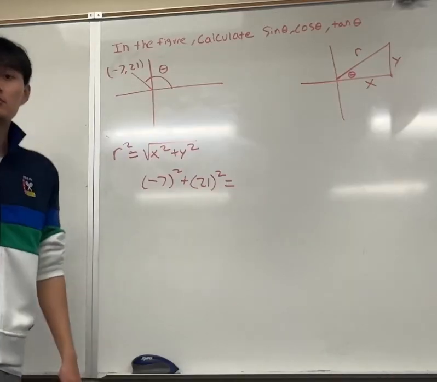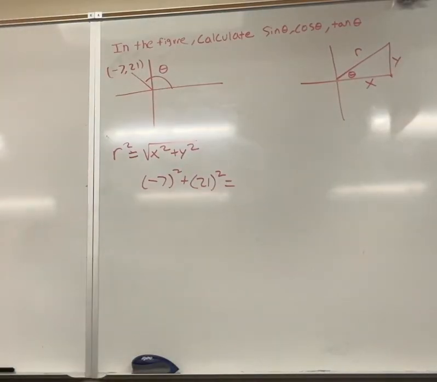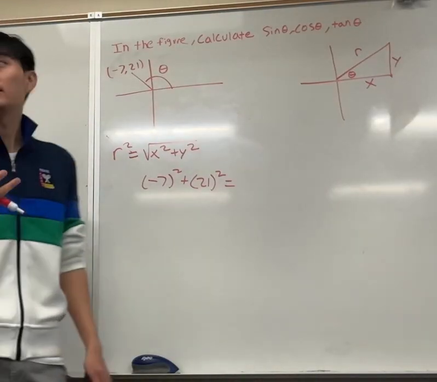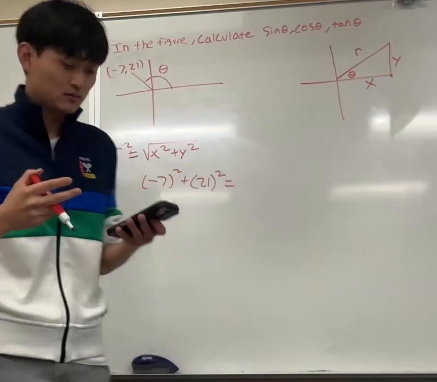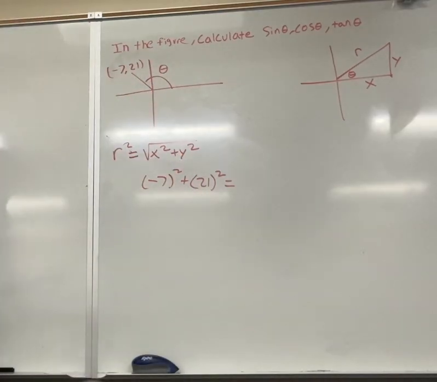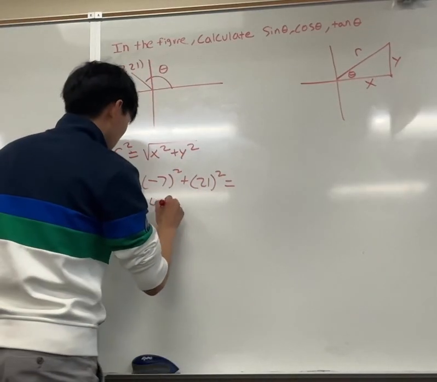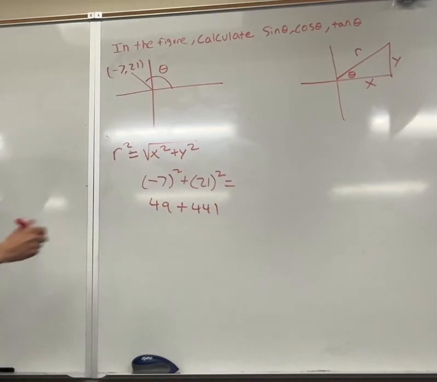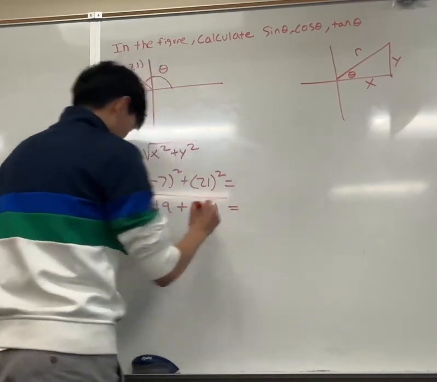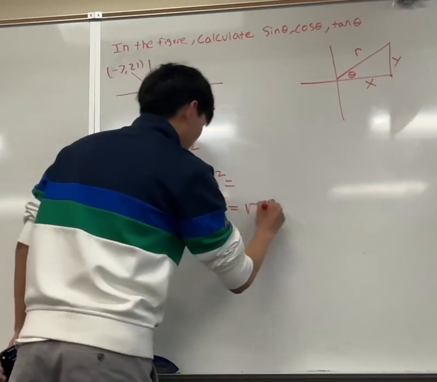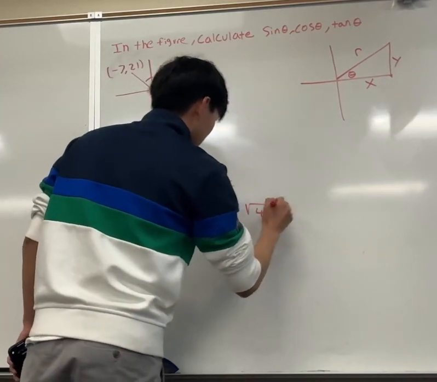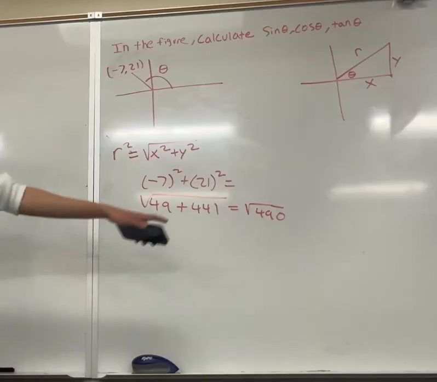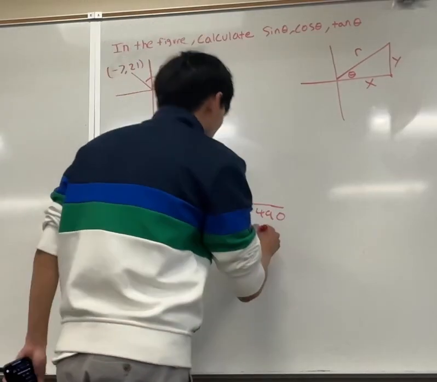And that's going to give me my r, which is necessary when I need to solve for sine and cosine theta. So if we simplify this, this becomes 49, and this should be 441. Square root that, and you should be getting rad 490. And we can simplify this to 7 rad 10.